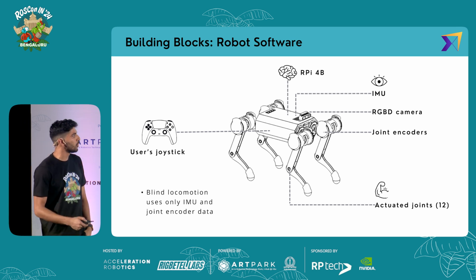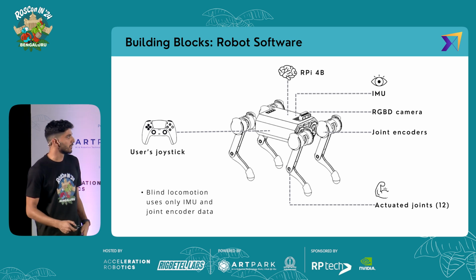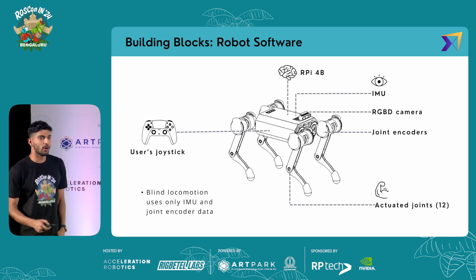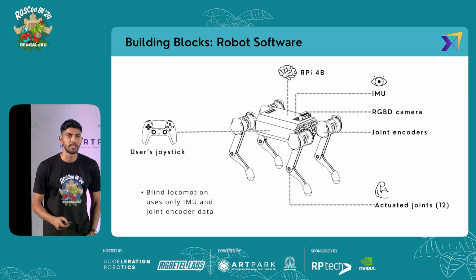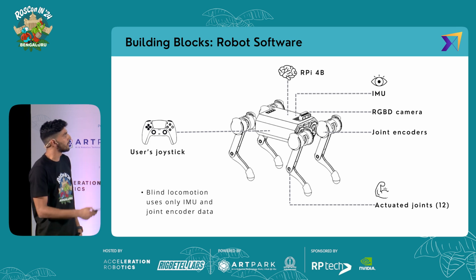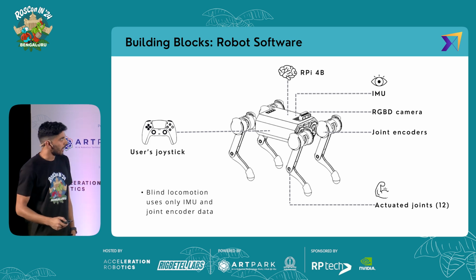We have an IMU on board and joint encoders at each of the 12 joints. Those are the 12 actuated joints. These are what we call the proprioceptive sensors, which tell the robot about the state that it is in. And we have a depth camera on top of the robot. This is the sensor suite on the robot.